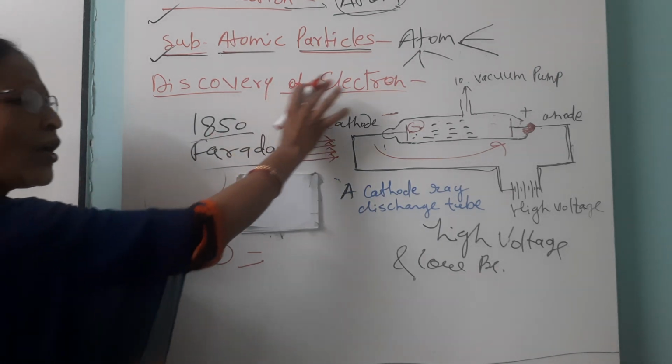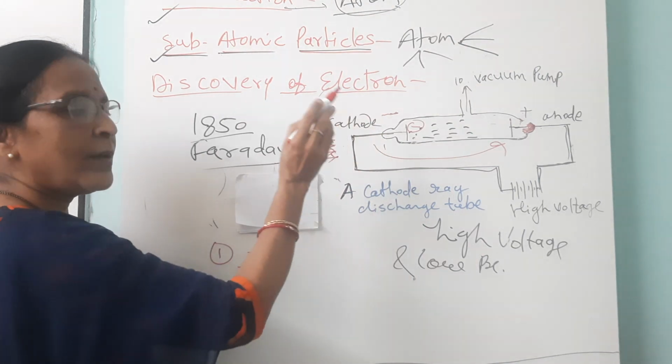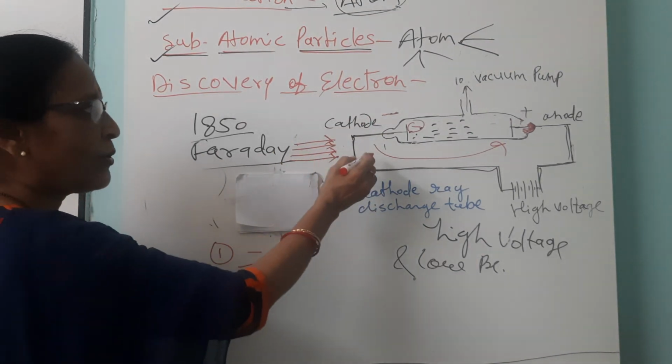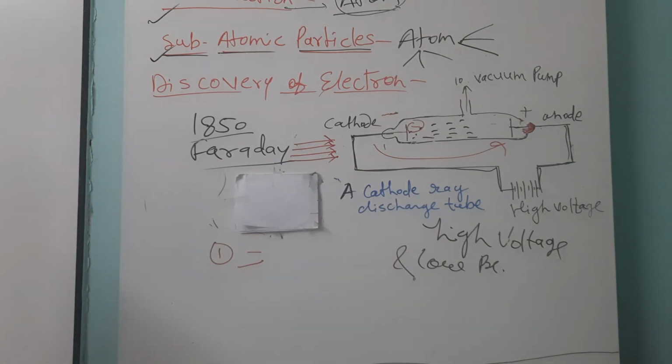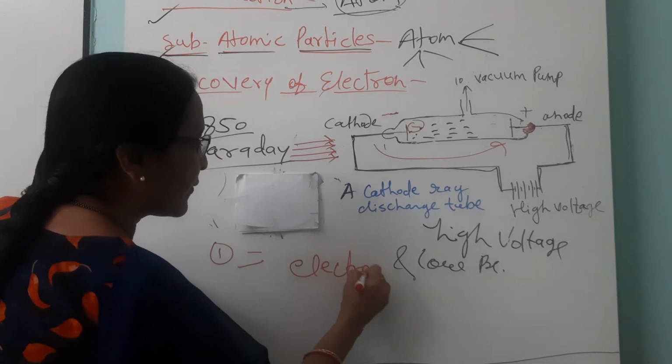All this shows that at the cathode there is emission of negatively charged particles, and after this cathodic phenomenon they gave the name of these particles as electron.